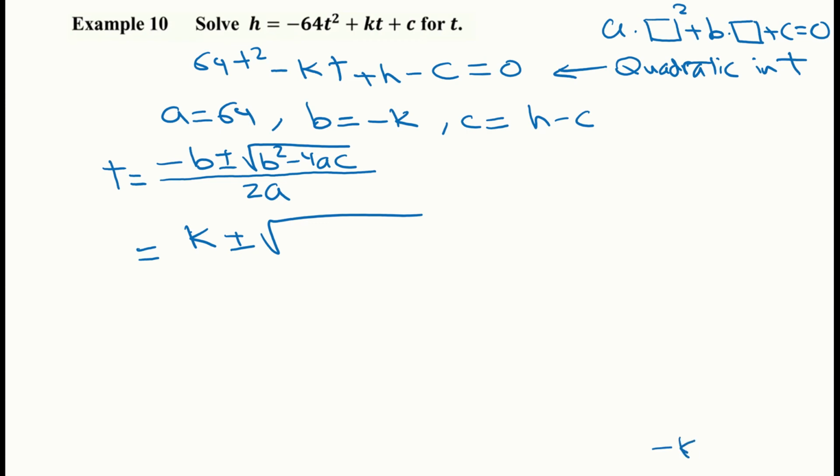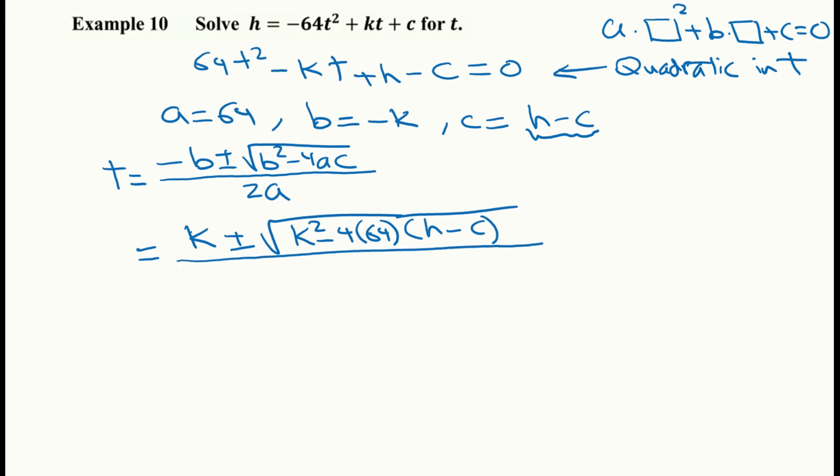Of course, when we square negative k, the negative squared becomes positive, and we end up with just k squared, right? So that's what we're going to write instead of b squared. Minus 4 times a, which is 64, times c, which is, of course, all of that. So h minus c. And then all of that over 2a.